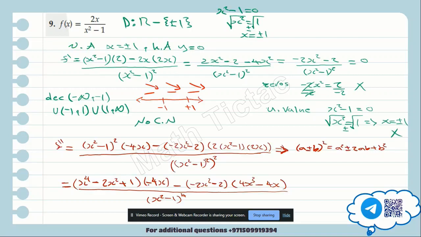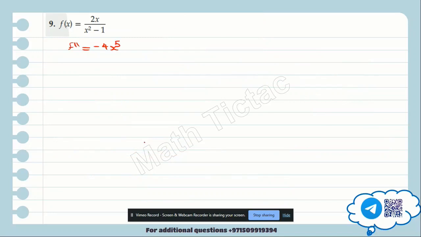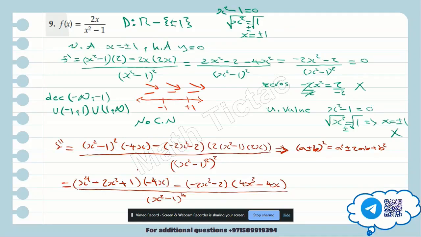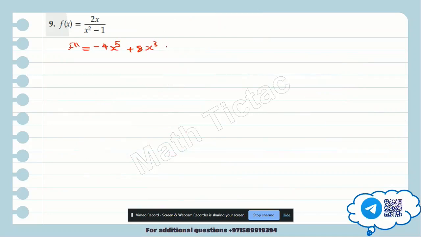Okay, so minus 4x multiplied by minus 2x squared, which is minus, oh, positive 8x to the power 3. Okay, so we have also minus 4x multiplied by 1, which is minus 4x.